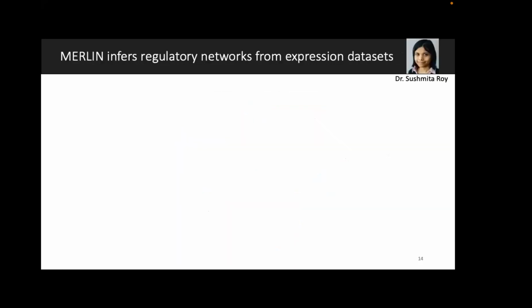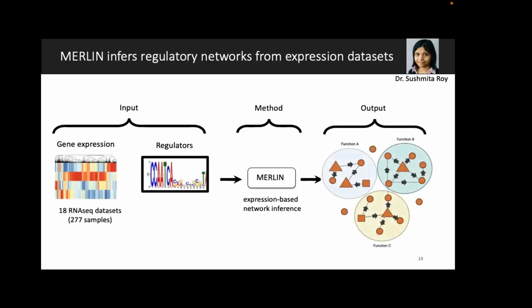So in comes Dr. Sushmita Roy, and she has this really cool program called Merlin, which is able to infer regulatory gene networks based on the expression data for an organism. And what it requires is fundamentally two things. All the gene expression data.